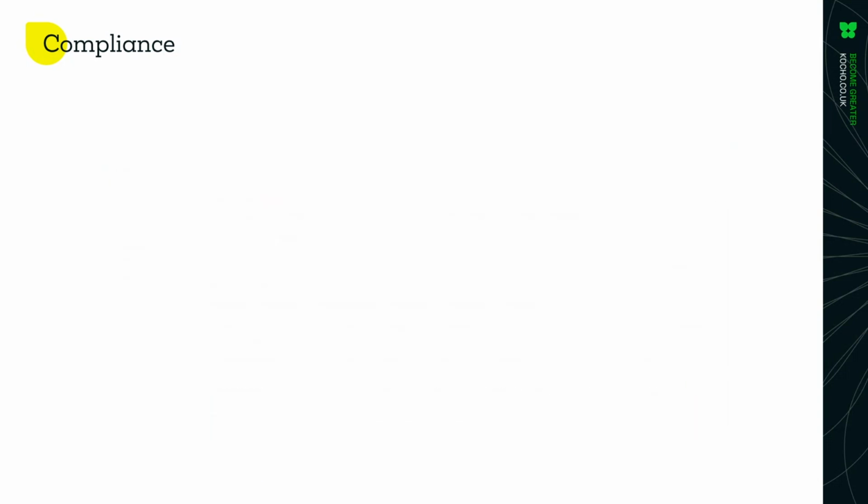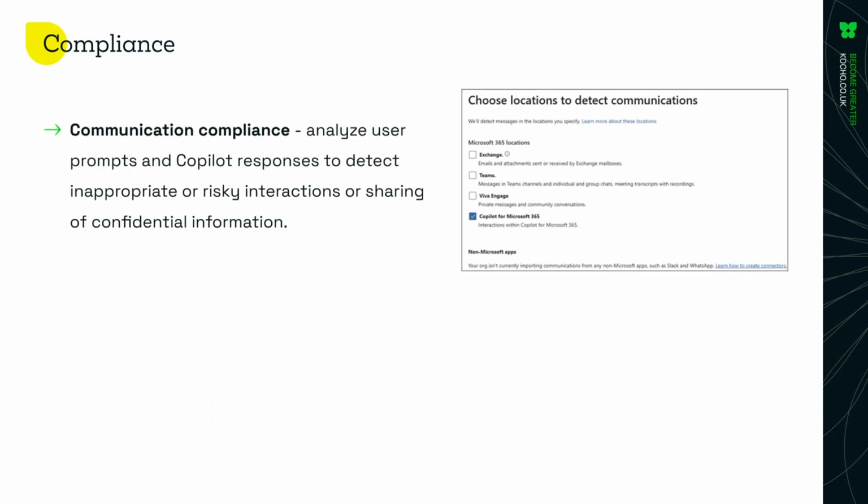Other areas within Purview: communications compliance is the tool that allows you to look at user messaging and make sure that you're respecting organizational policy, not using bad language or sharing confidential information. That has now been extended to include Copilot for Microsoft 365.